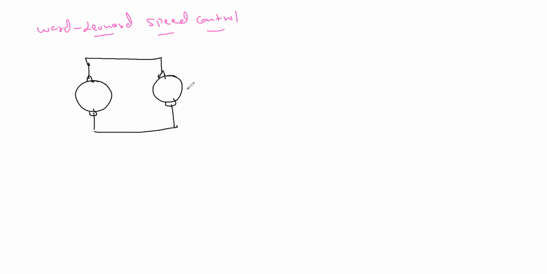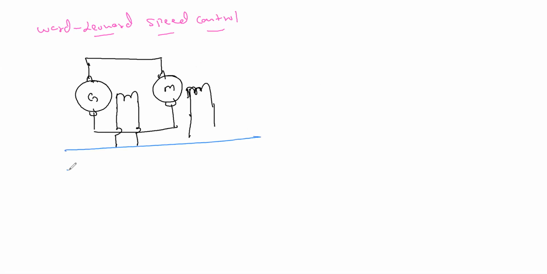This is the motor, separately excited, and this is the generator, which is also separately excited. Separately excited means the supply has to be given externally. So this is the place where I am giving the supply.